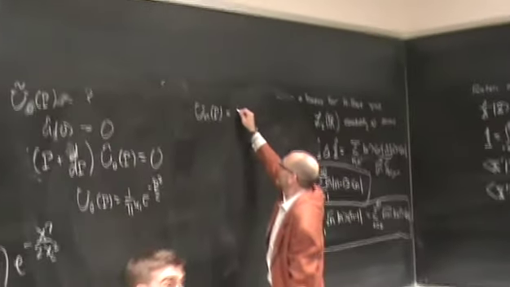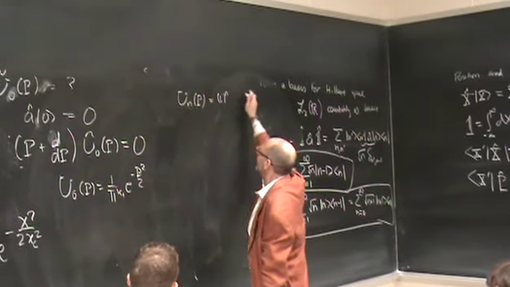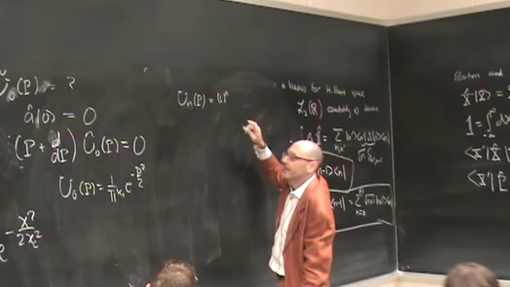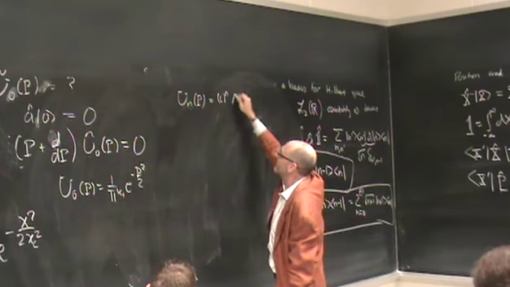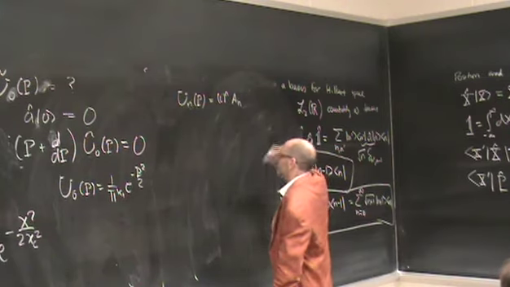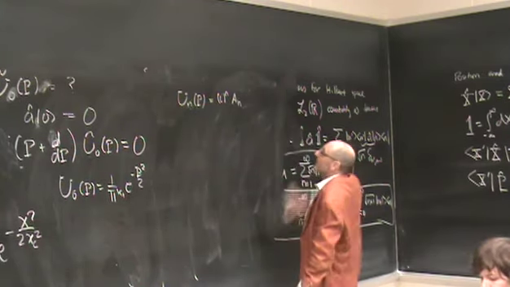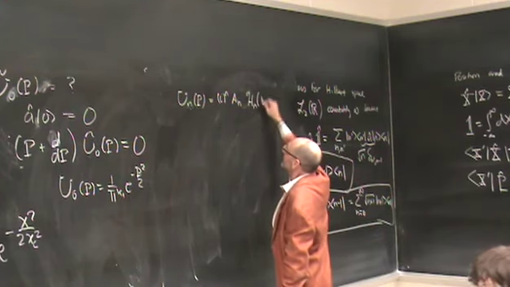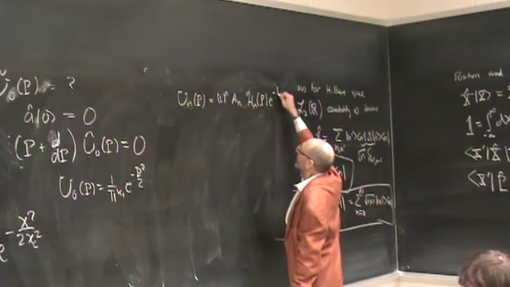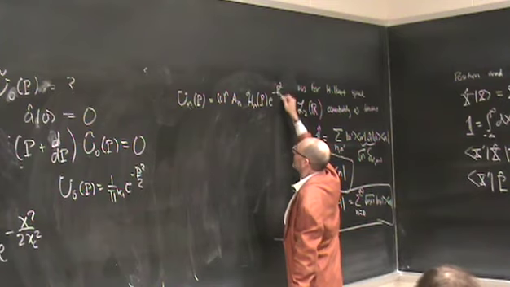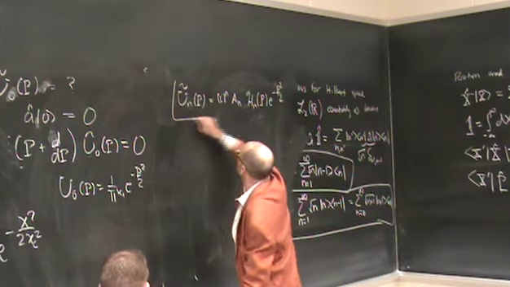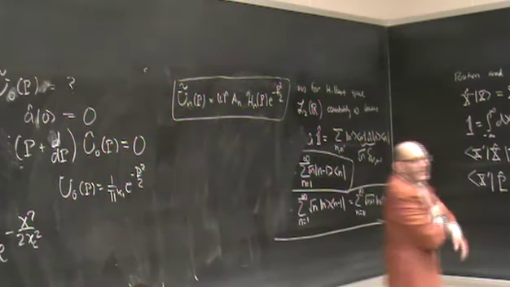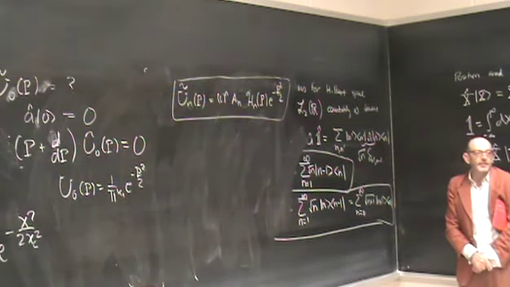So this thing is i to the n times whatever normalization constant I have, times the Hermite polynomial, times e to the minus p squared over 2. Up to that phase convention, they're exactly the same.